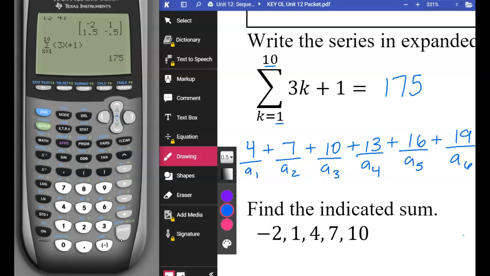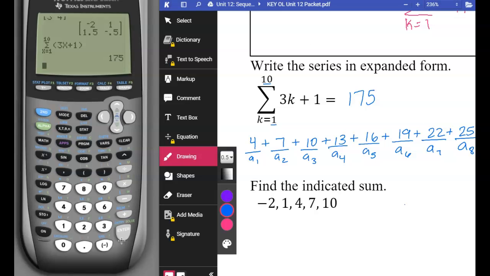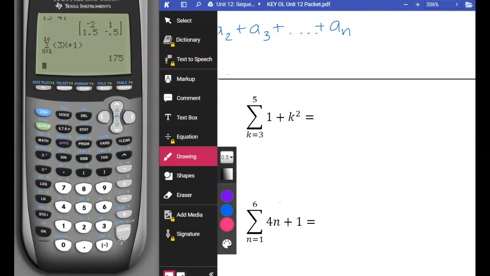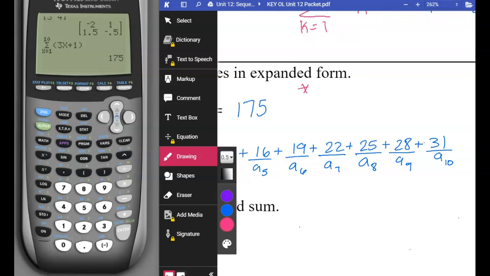So all of that work, and I could have just put it in my calculator. So there's a little shortcut using a calculator. I'm sure somebody can figure out how to do it on Desmos. Shortcut in the calc, you press math, and you go to 0 summation.